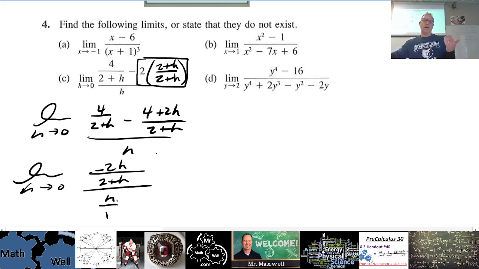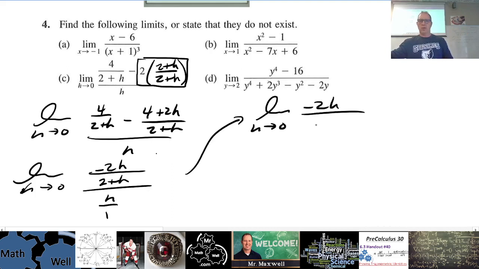And if you're dividing by an h or dividing by a fraction, write that as a fraction, flip and multiply. So that actually becomes the limit as h approaches 0 of negative 2h over 2 plus h times h. And that's great because this h as a factor would divide out with this h as a factor.